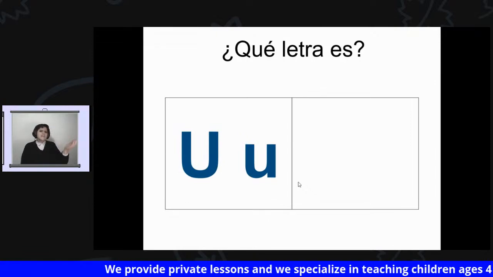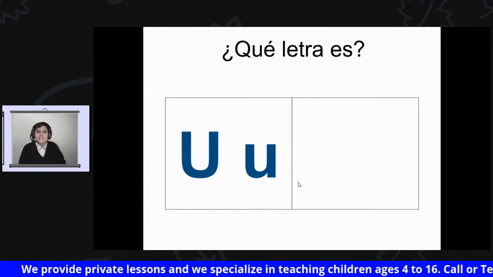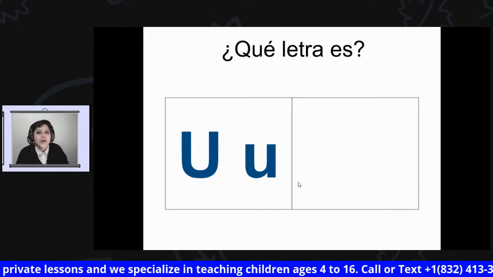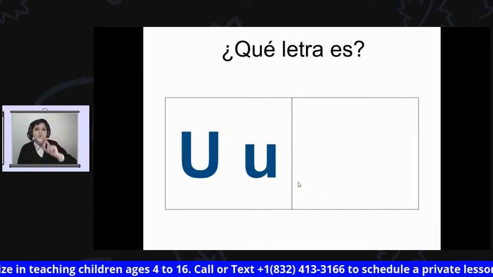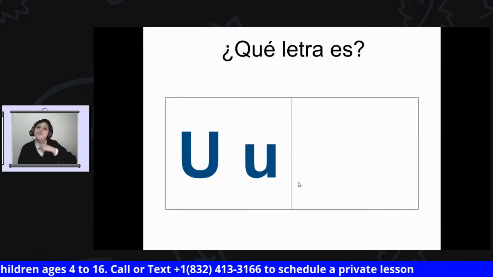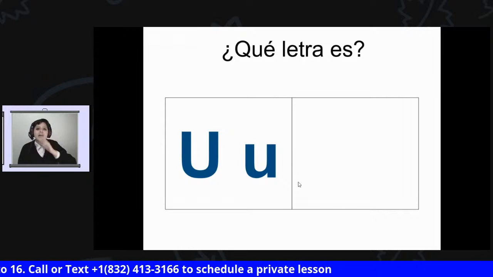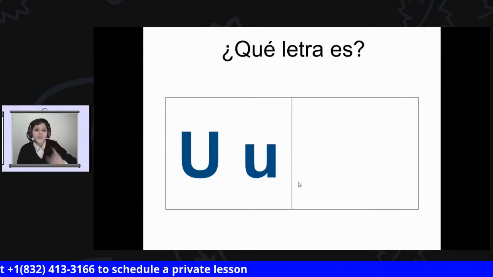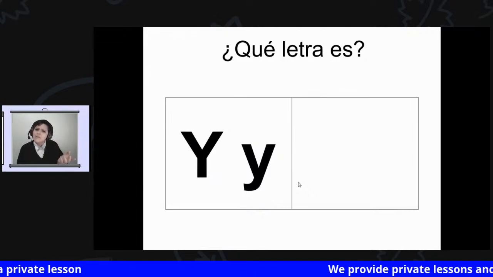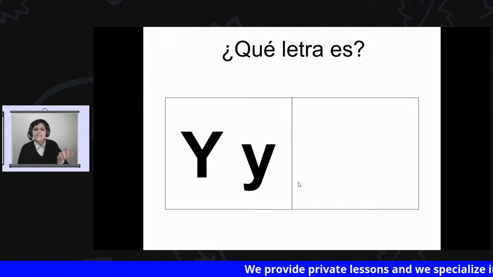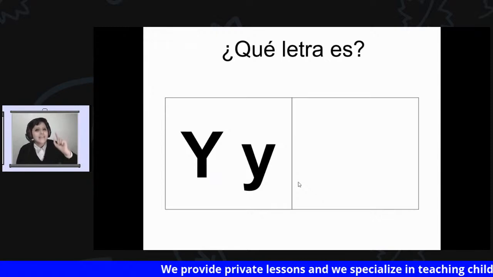What letter is this? Esta es la letra U. U. Work with your face, work with your muscles. U. ¿Y esta cómo se llama? Esta se llama Y.